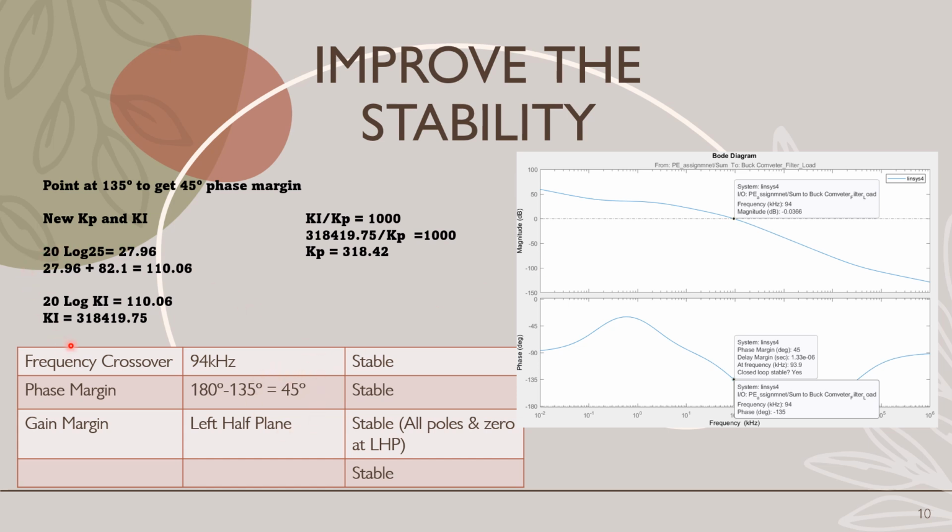So we're going to get the new values. So from the previous graph, we can calculate the new KP and KI. So using the new KP and KI, we can get the most stable converter. We still use the same block diagram.